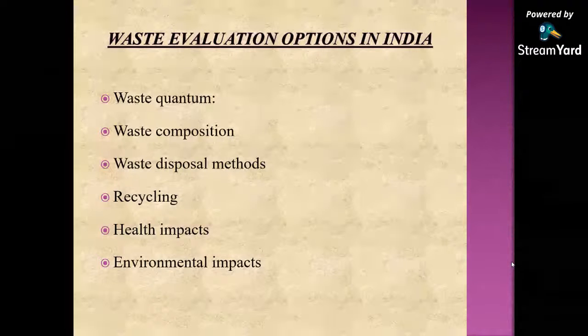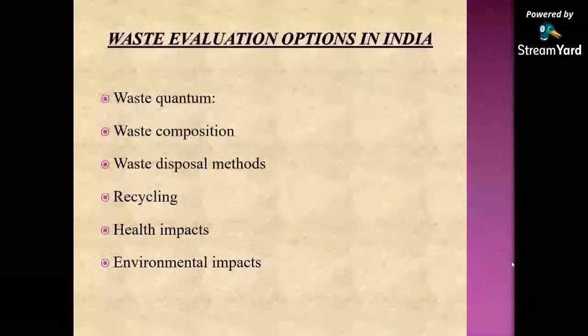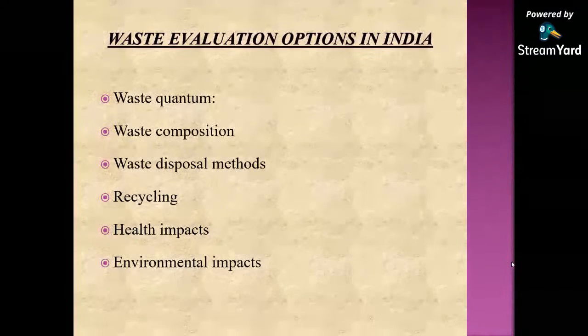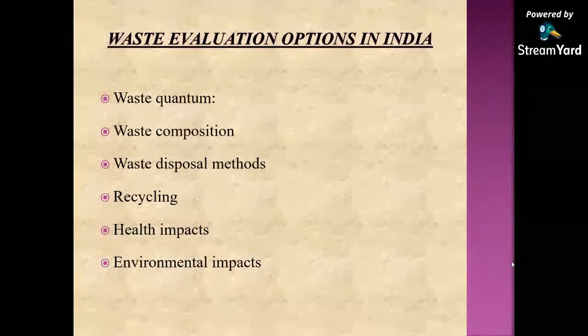The next option of waste evaluation in India is environmental impacts. In addition to occupational health and injury issues, environmental health also needs to be mentioned in the context of waste management. Contaminated leachate and surface runoff from land disposal facilities affect ground and surface water quality.